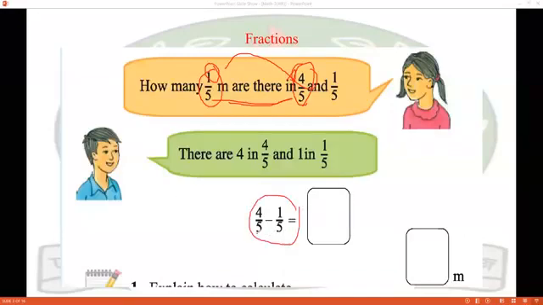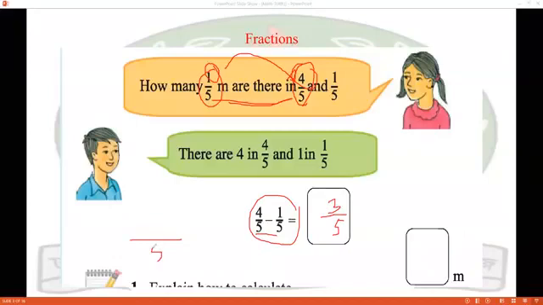Finally, there are two fractions with the same denominator, so we just have to subtract the numerators. The numerator is 4 and there is 1, so when you subtract, you get 3, and the denominator is the same, 5. Without any calculation we can write it, but when you calculate, you have the denominator 5.